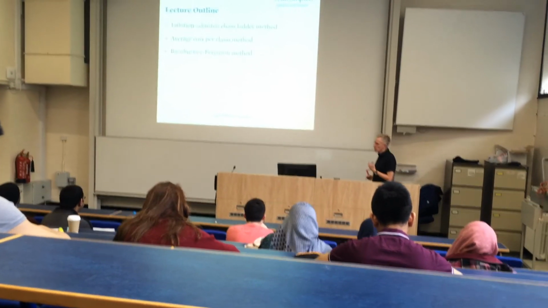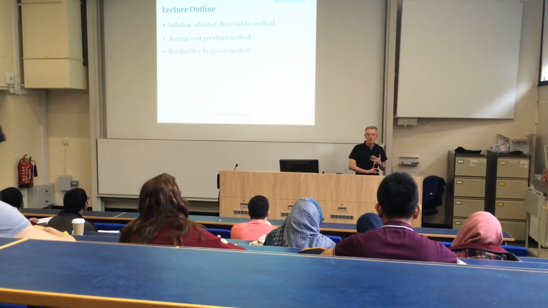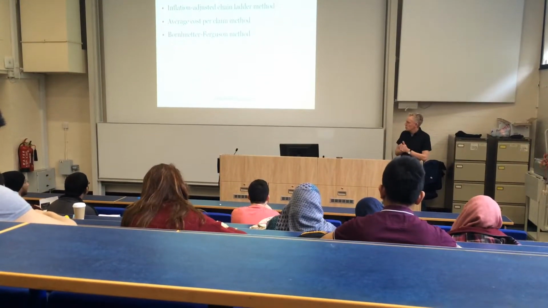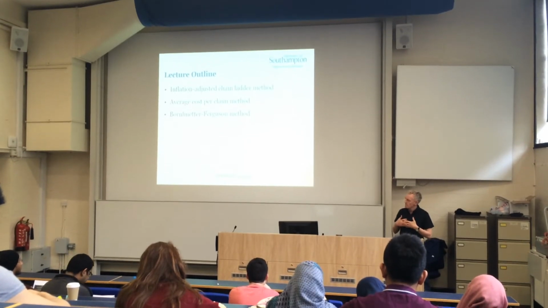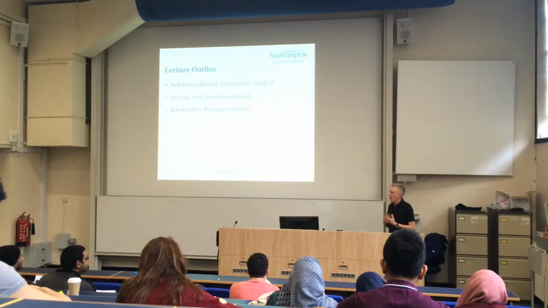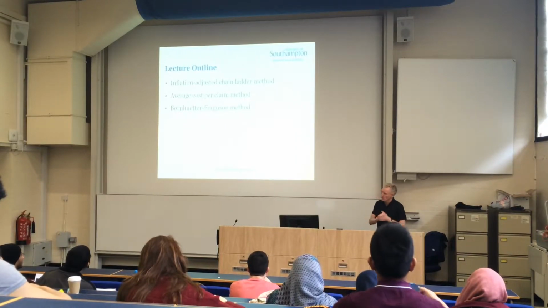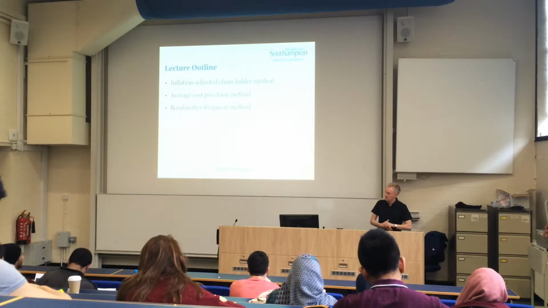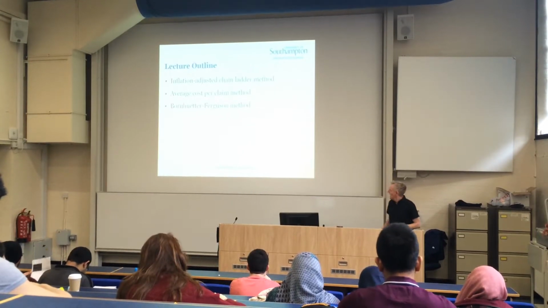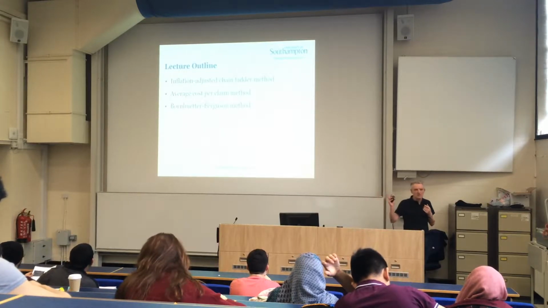And then finally we'll come on to a third variation called the Bornhuetter-Ferguson method, which again takes into account some other information that you will have, which is the premium income that an insurance company will have corresponding to the different origin years.